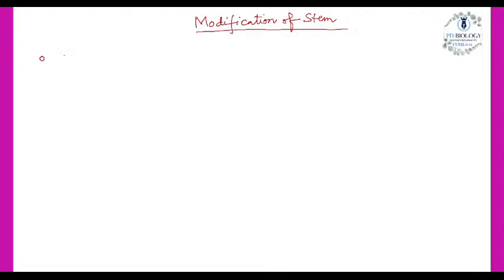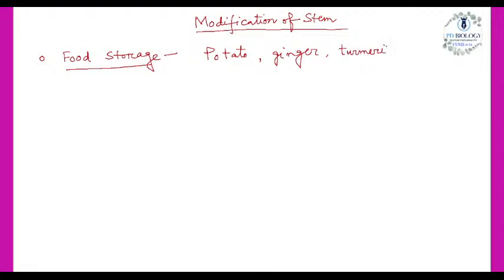First one, food storage. That is the underground stem of potato, ginger, turmeric, colocasia.